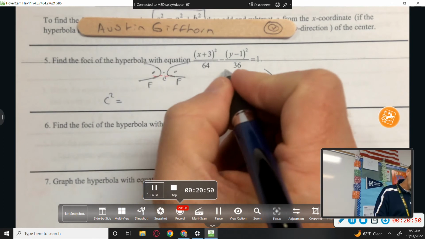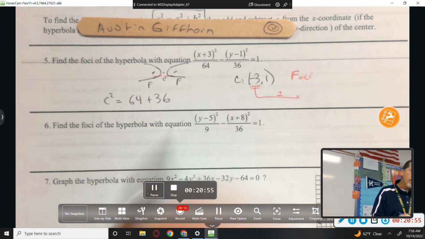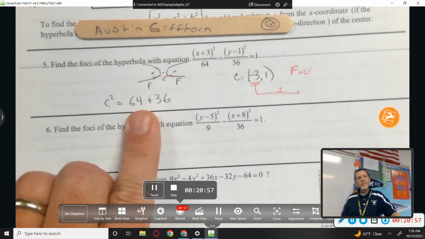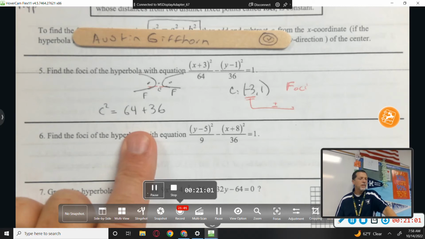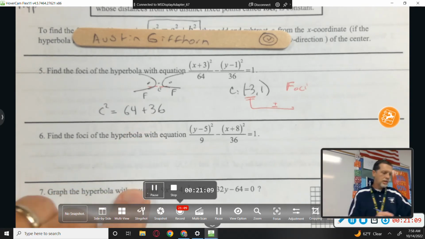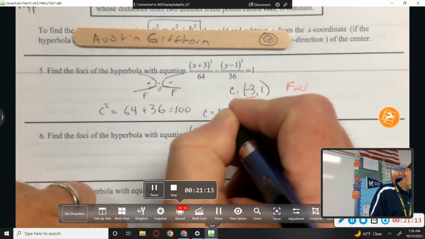Yeah, c squared equals a squared plus b squared. And kind of like with ellipses, it didn't really matter who was a and b as long as you did the big one minus the little one. Here it matters even less, right? Because if you switch a and b on this one, you're adding them. It doesn't matter. So c squared is 100. C equals 10.